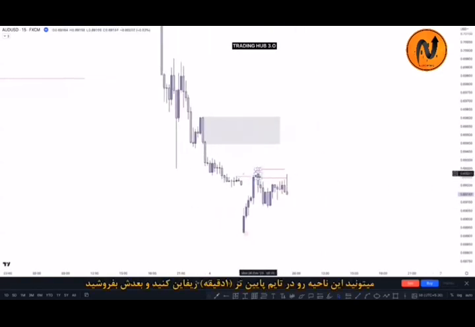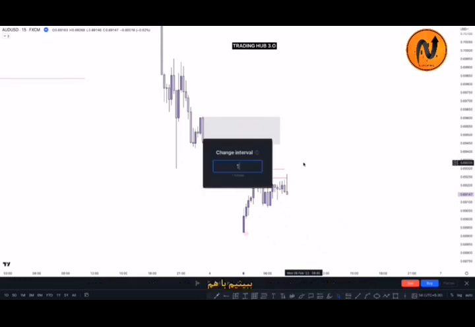In this case, you can simply refine your order block here in a 1 minute time frame, and then you can sell here, right? So let's see.